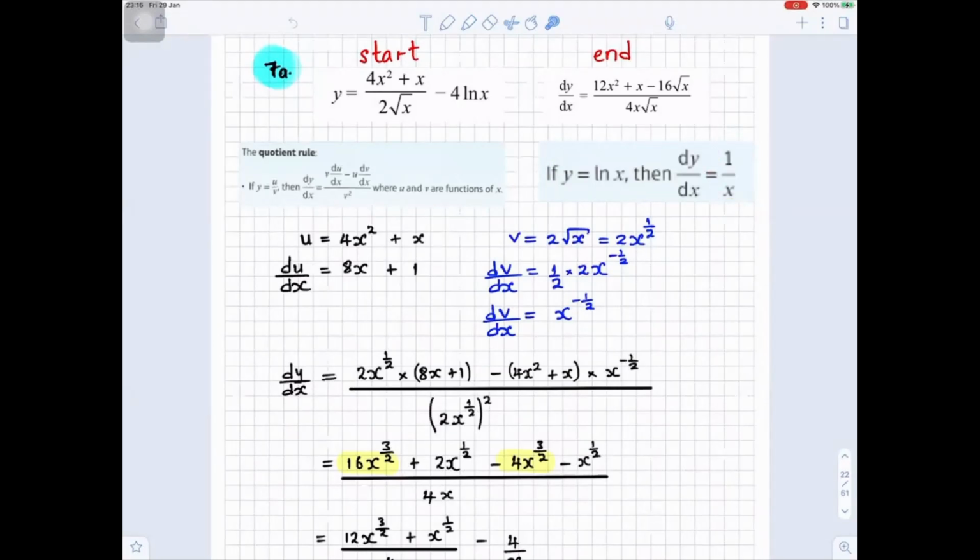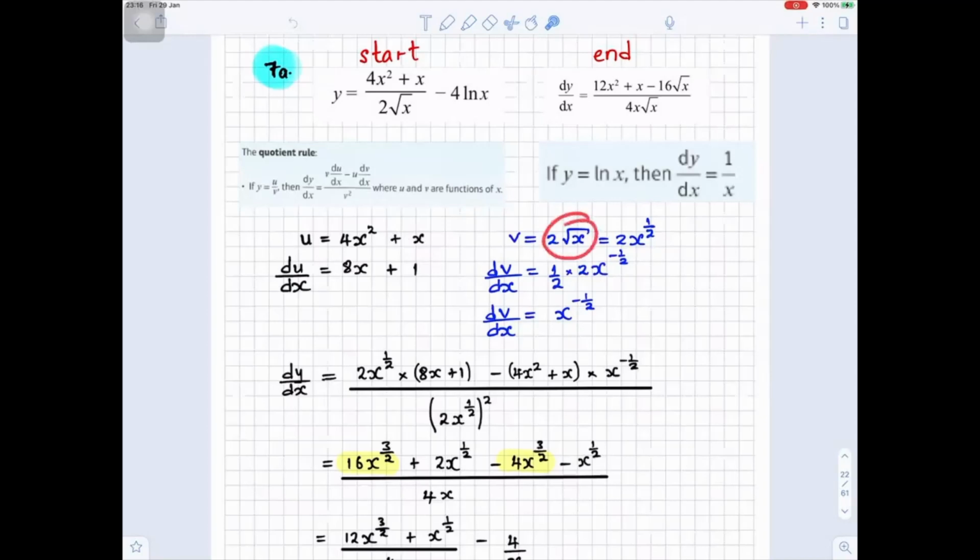So to use the quotient rule, we're going to have 4x squared plus x be equal to u, the numerator, and 2 root x is equal to v, the denominator. So we differentiate u, du over dx, differential of 4x squared gives you 8x. Differential of x gives you 1.